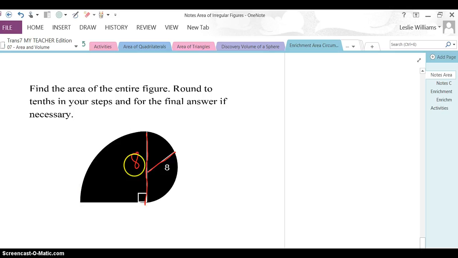So see if you can determine the area of the half circle plus the quarter circle, which are different sizes, so they have different radiuses. And I said this wrong. This is a diameter of 16 because it's double the radius of 8. Find the area of the quarter circle and half circle combined and check back.